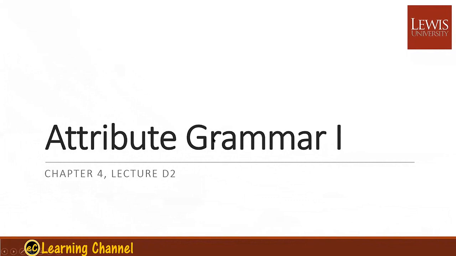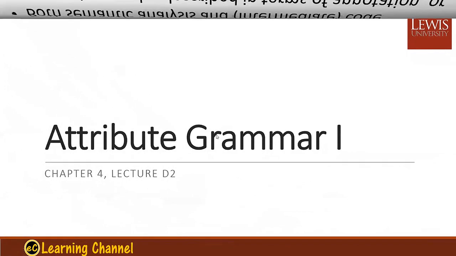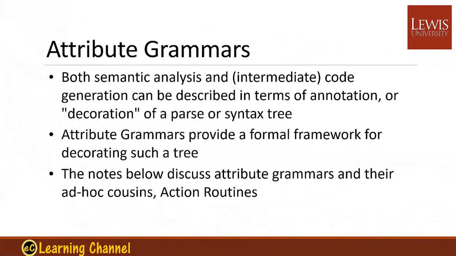Okay, attribute grammar. So let's look at attribute grammar. Both semantic analysis and code generation can be defined in terms of annotation. So here, attribute grammar is the rule to write the attributes. An attribute grammar provides a framework for decorating such a tree. The note below discusses the attribute grammar, ad hoc cousins, and action routine.